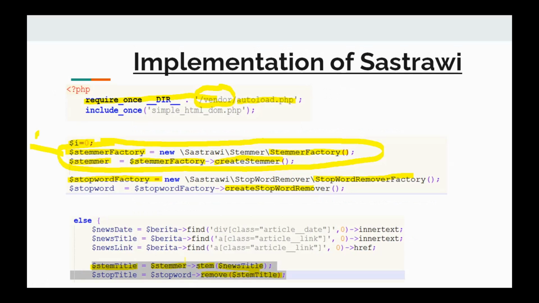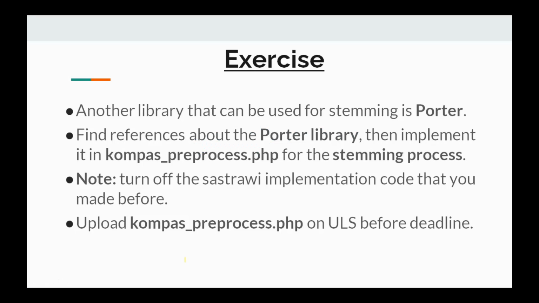If you have any error, please ask me via the WhatsApp group. For the stemming process, just turn off the Sastrawi implementation code that you made before. After that, upload kompas_preprocess.php on ULS before the deadline.